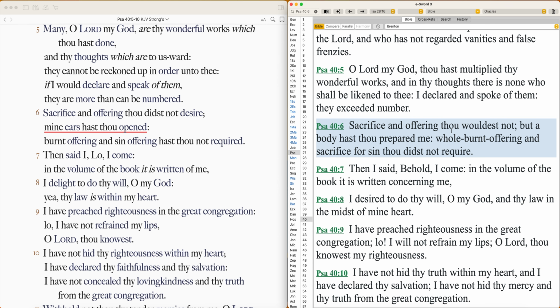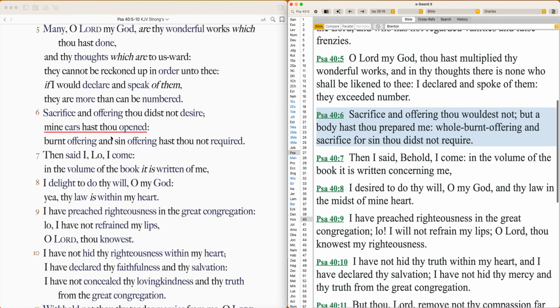Sacrifice and offering thou wouldest not, but a body hast thou prepared me. That's way different than the Masoretic text. The Masoretic text says, my ears have you opened. The Septuagint quotes it exactly like we find in Hebrews chapter 10. But a body hast thou prepared me.